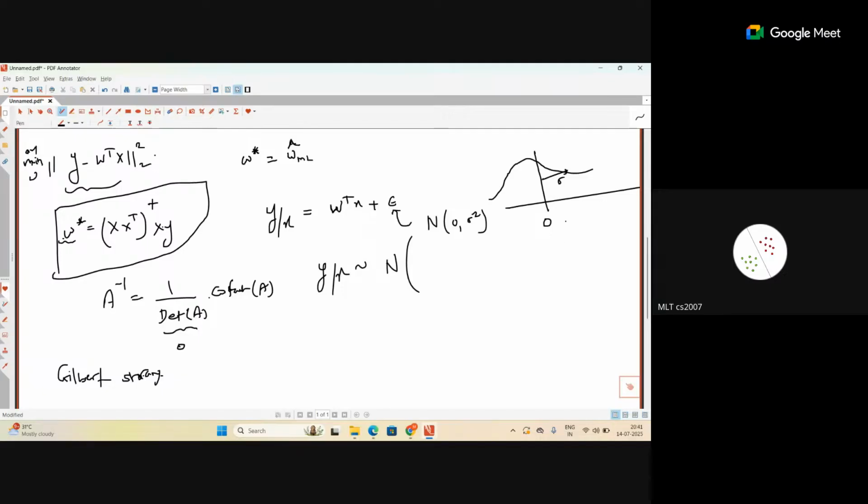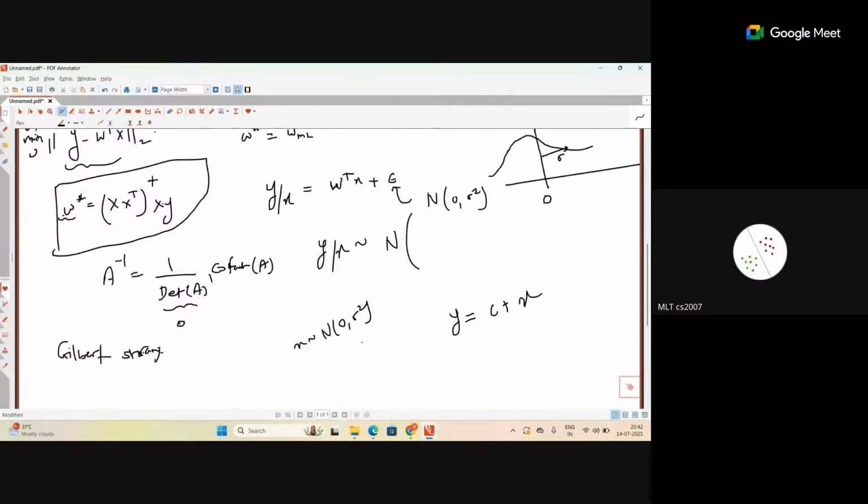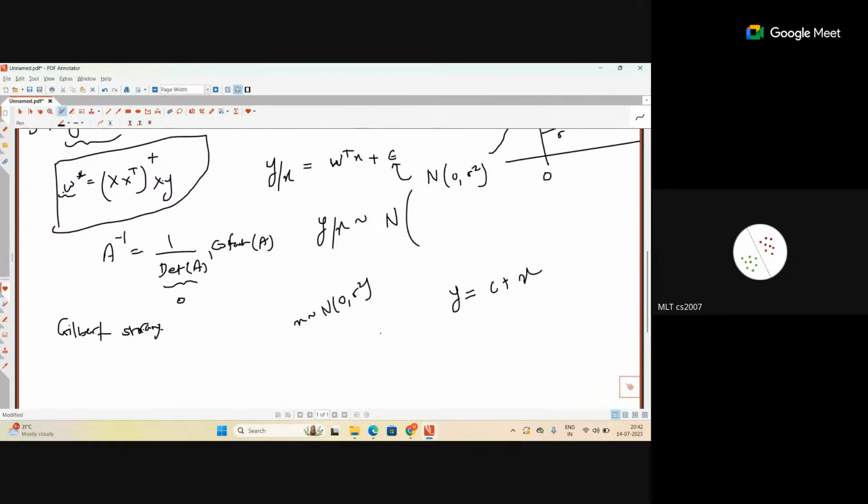Maybe I'll just tell you like this. Suppose x is normally distributed with 0 mean and sigma square as the variance.